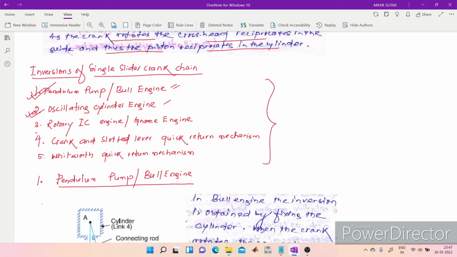Third is the rotary internal combustion engine, also known as Gnome engine. Fourth one is the crank and slotted lever quick return mechanism. Fifth one is Whitworth quick return mechanism. We will discuss all these 5 one by one. So these are the 5 possible inversions of single slider crank chain.